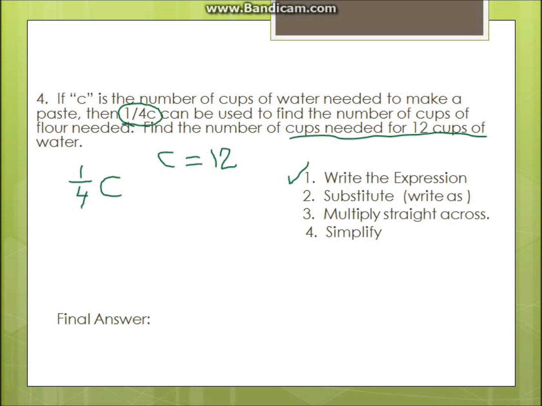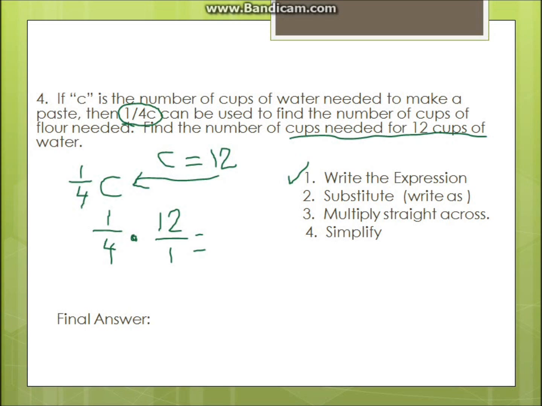And then what I need to do is go ahead and substitute 12 for C. So I'm going to rewrite this again. So it's going to be 1/4 times 12. But since I'm dealing with fractions, I'm actually going to write my 12 as a fraction and just put a 1 underneath it.